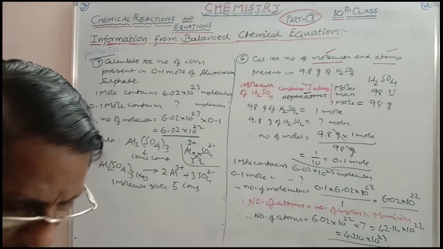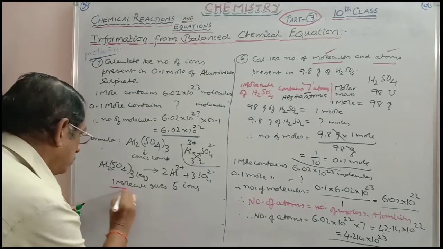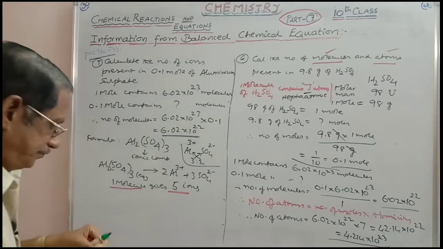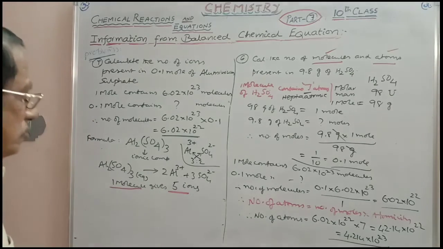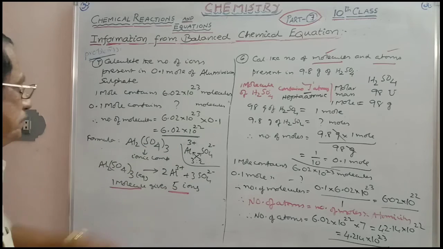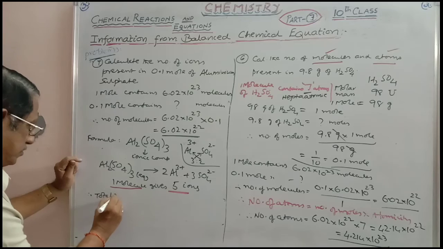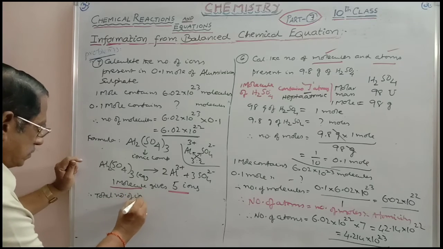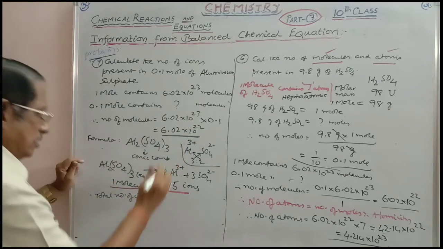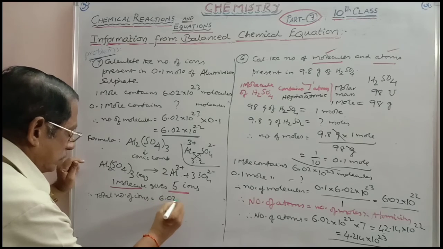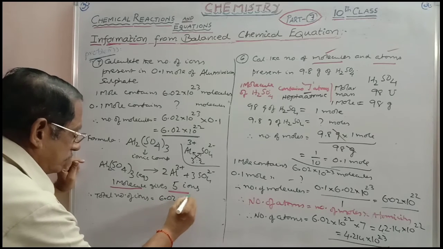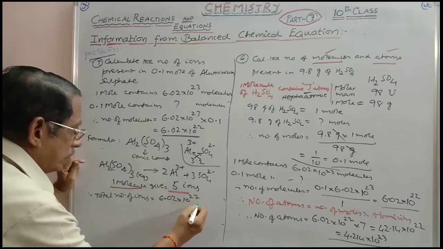One molecule here gives 5 ions. So what is the total number of ions? This into 5. And therefore, total number of ions is equal to this number 6.02 into 10 to the power 22 into 5.